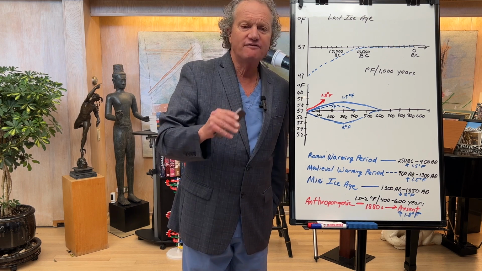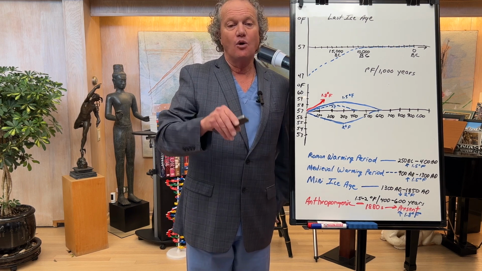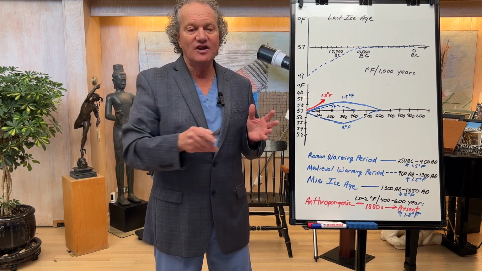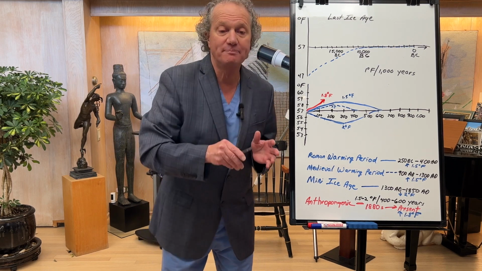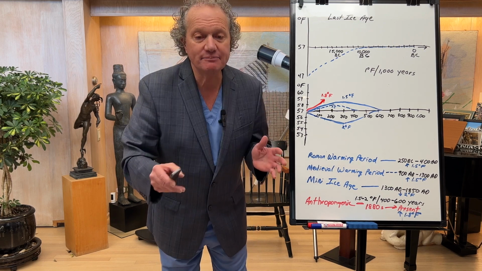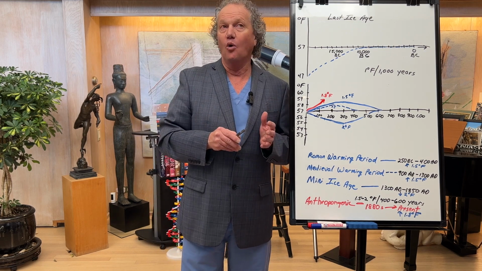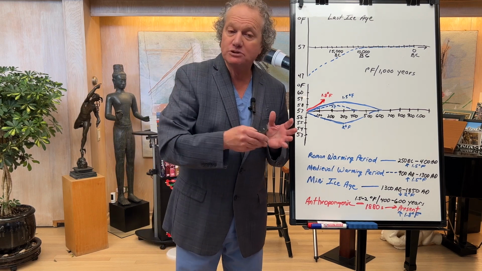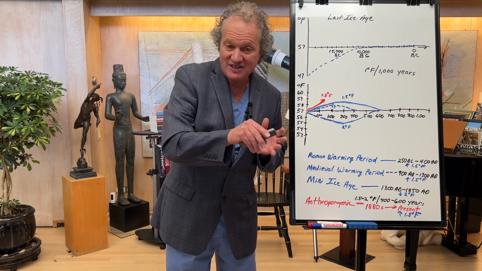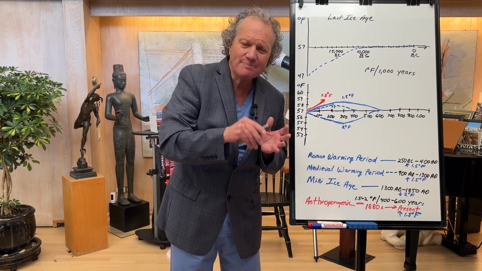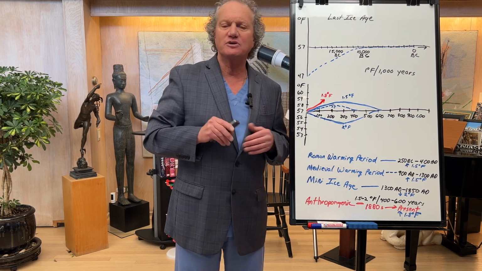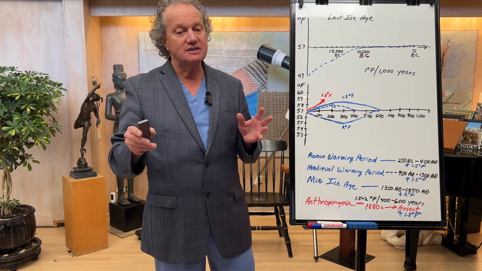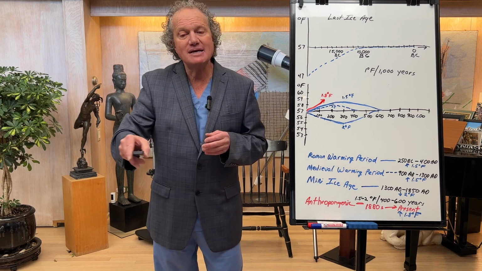From about 250 BC until 400 AD, when the Roman Empire was at its zenith, the Earth experienced a warming period, even dubbed the Roman warming period or the Roman climatic optimum. Average global temperatures rose from the 57 degrees baseline, perhaps up about 1.5 degrees Fahrenheit, peaking around the time of the ministry of Jesus, and then dropping back down to baseline.